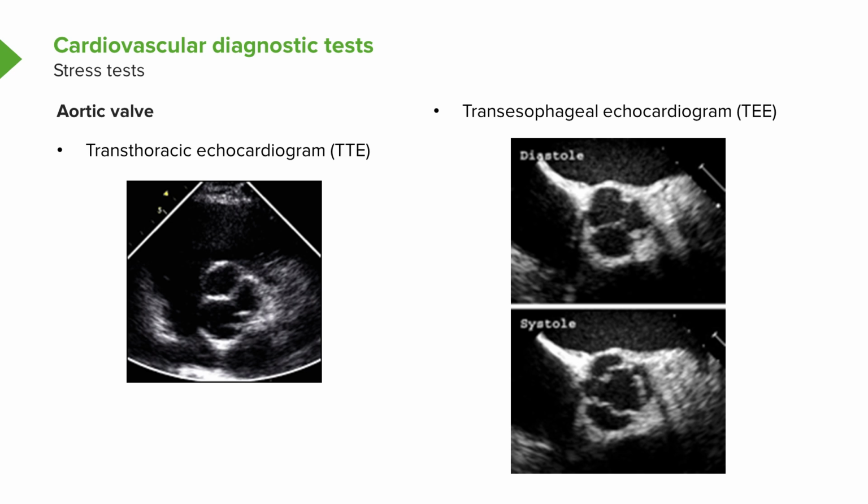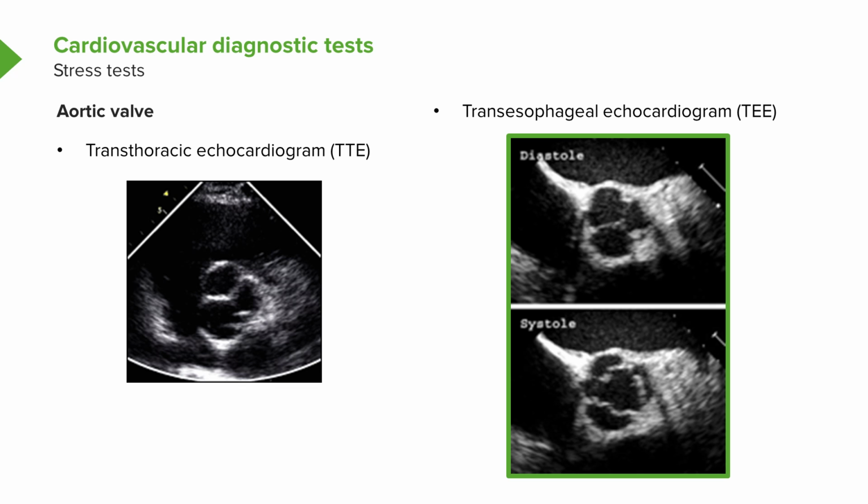Here, you can see the contrast between the image you get with a transthoracic, that is when you put the probe right on the chest with some jelly, as opposed to putting the probe down the esophagus with a tube. You can see on the left the transthoracic image of the aortic valve, and on the right you can see the transesophageal image. Much more detail, much clearer look at the aortic valve.